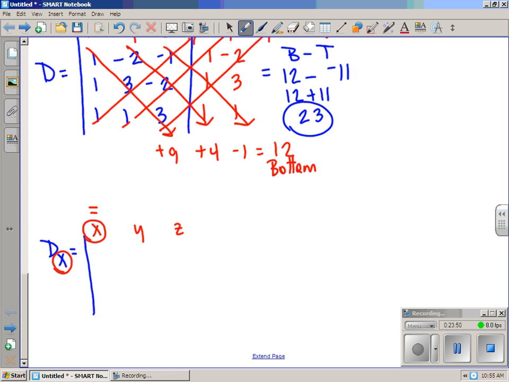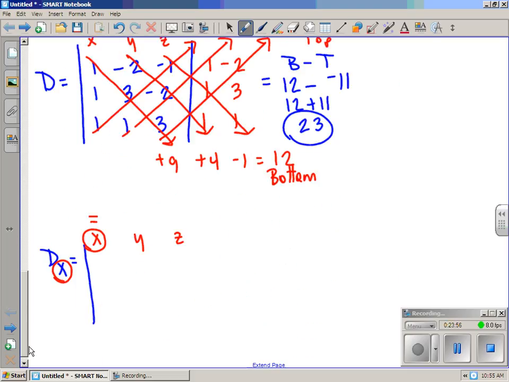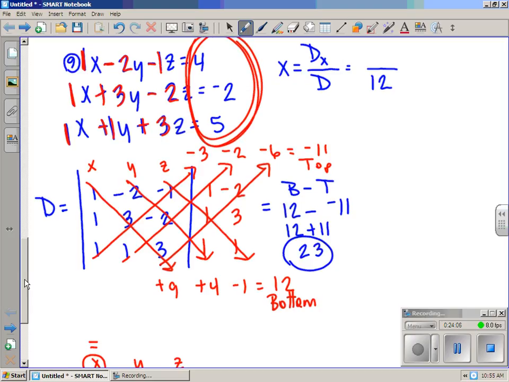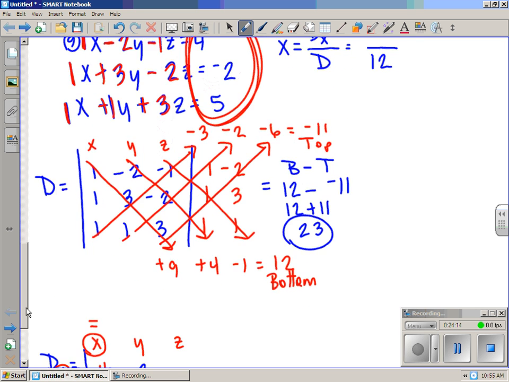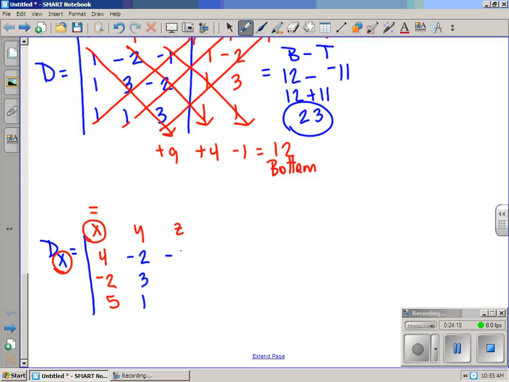In our x column, we're going to use what I call the equal numbers, which would be the 4, the negative 2, and the 5. So write 4, negative 2, 5. The y column stays the same, which is negative 2, 3, and 1. The z column also stays the same, which is negative 1, negative 2, 3.